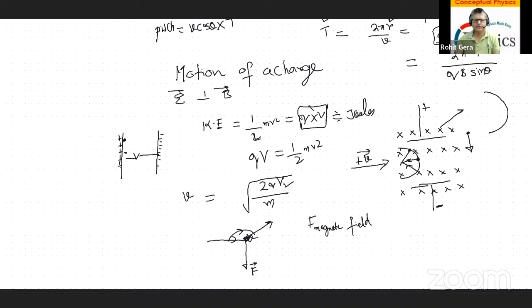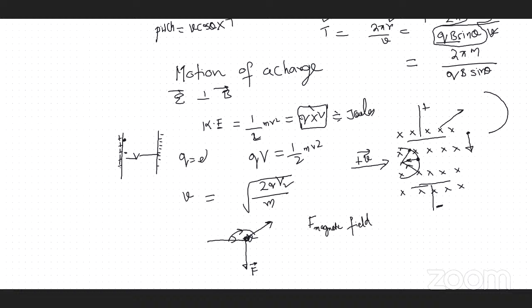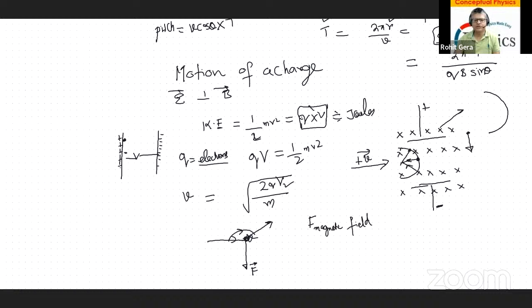Let's not say this is positive. The experiment is being done with the help of electrons. Right? An electron will get attracted towards the positive. So this is an electron.